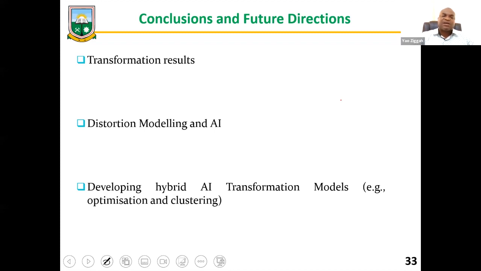Now, for future direction, I remember in my PhD, I wrote a paper and submitted it to the Journal of Surveying Engineering, and they asked me to compare the AI to the distortion grid coordinate transformation that is normally done. When you look at the methods that have been utilized, you notice that most of the standalone methods have been used, but nobody has really considered using the AI as a distortion modeling technique.